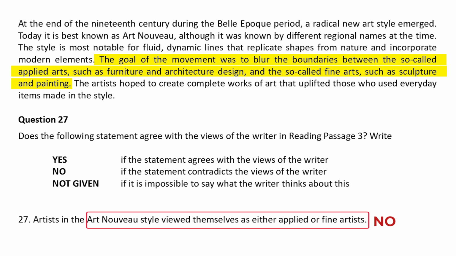But the passage clearly says the opposite. Their goal was to blur the boundaries between the two. They didn't want to be limited to just one category. So instead of separating themselves into groups, these artists were actually combining both styles to create something more unified. That's why the correct answer is no.